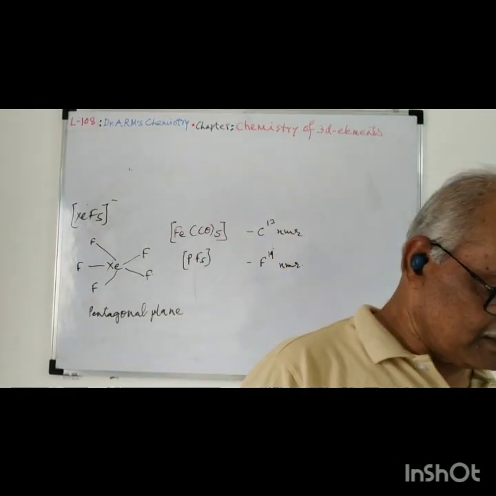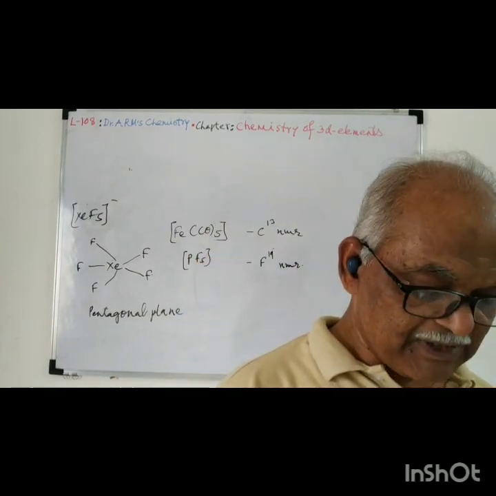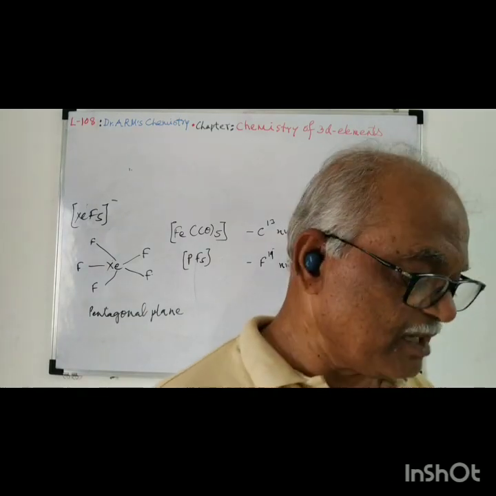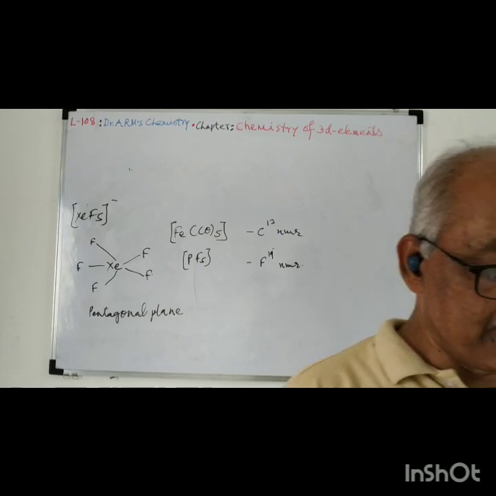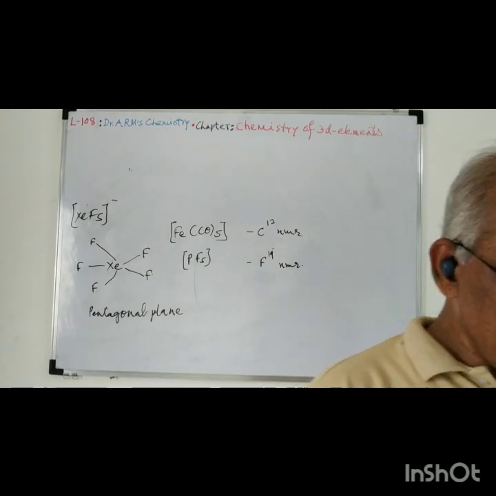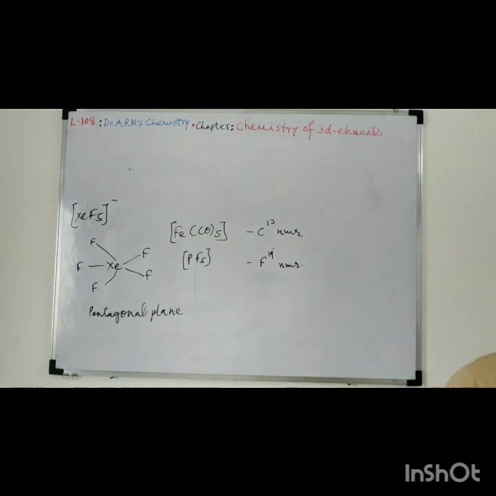The spectrum is also of identical nature or identical environment in solution form. The TBP structure and square pyramidal structure have different peaks. Their interconversion time is fast, which gives only one peak.